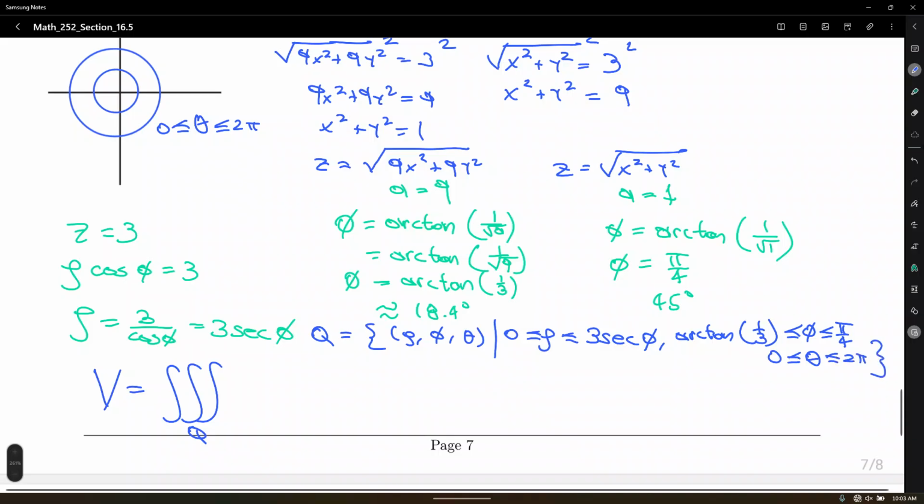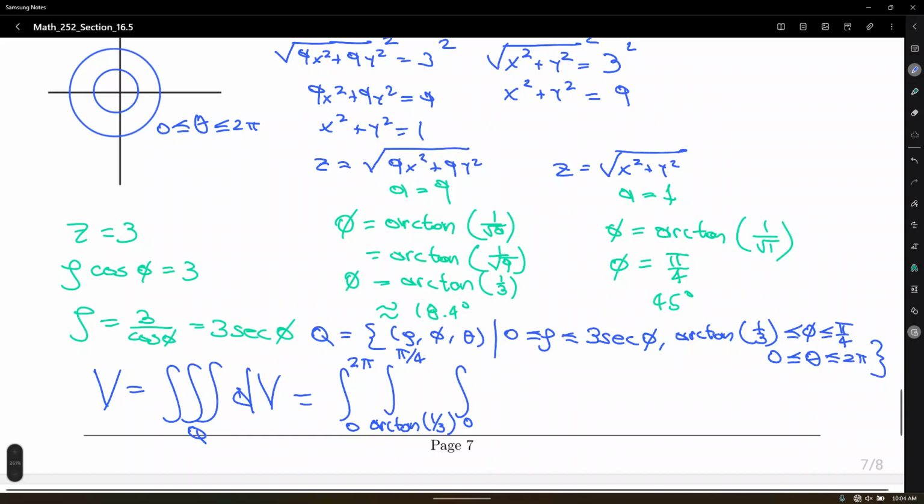All right, let's write down the integral finally. dV, that equals the integral. Okay, so that's the integral from 0 to 2 pi. That's the outermost limit of integration, which is the polar angle. The middle limit of integration describes the azimuthal angle, and in this case those azimuthal angles vary between arctan of 1/3 and pi over 4, and the third integral, which lower limit, that's for the radius of the spherical region.